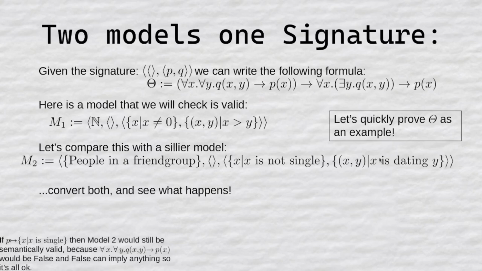And we're going to quickly bash through converting this theta using model 2 to see how these two conversions would be similar yet different. So let's hop back over to showing my little doodling.